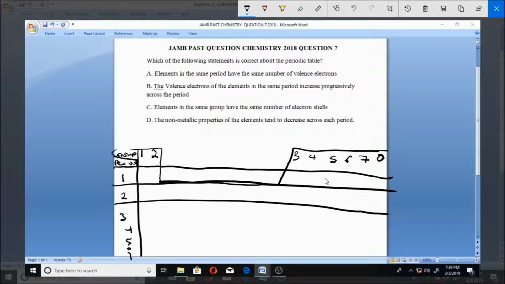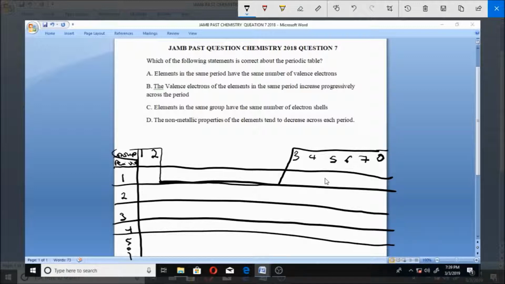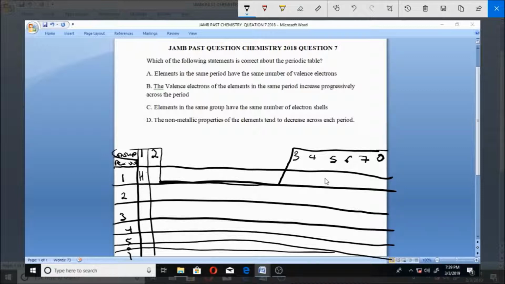In it you have the arrangement of elements according to their atomic numbers. So here we have hydrogen. This is a rough sketch of what the periodic table looks like.